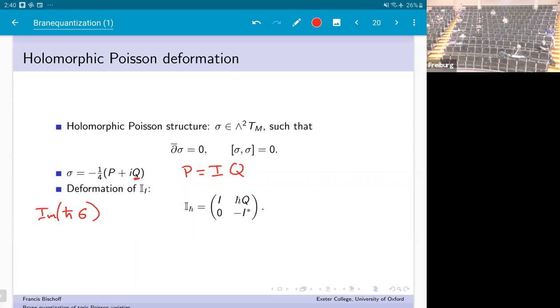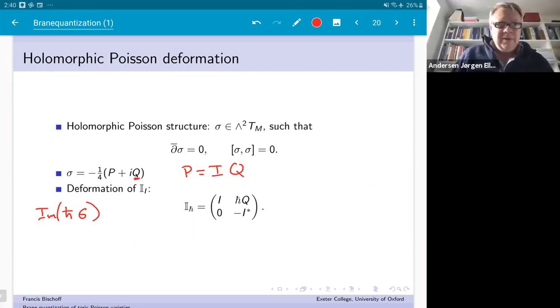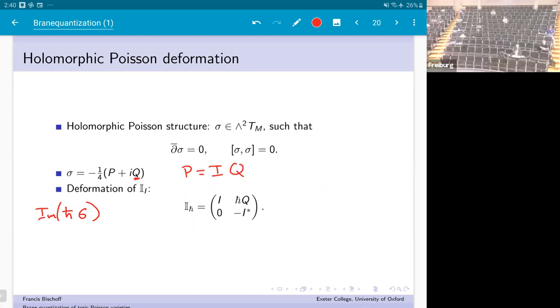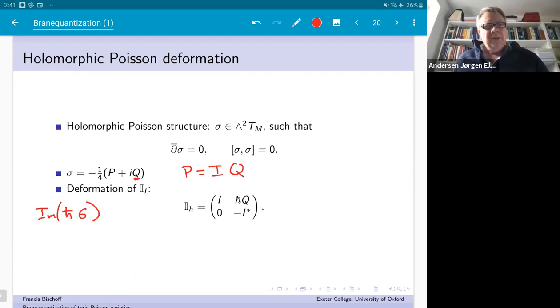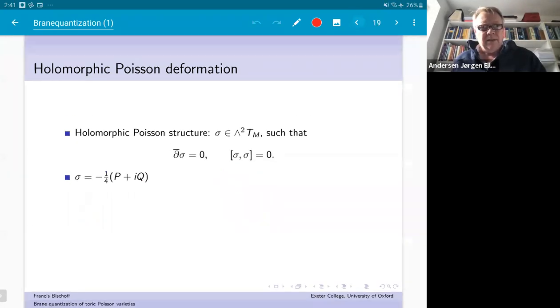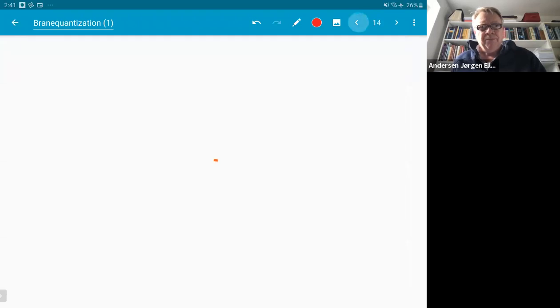Further question? Yeah, maybe I could ask a question here online. I think it was something you didn't really use in your talk, but you said it in the beginning, and it is certainly the mantra in this area quite a lot. You said that the quantization is independent of the polarization, and it's really just an auxiliary choice.